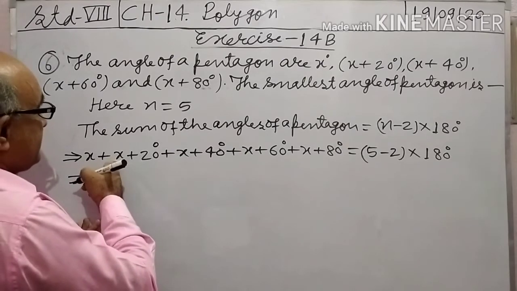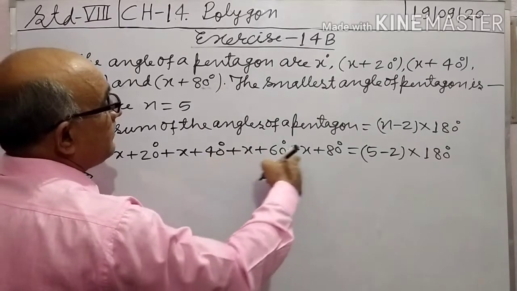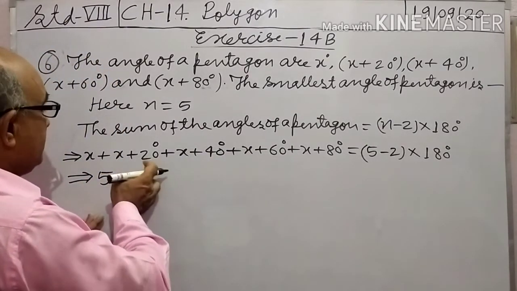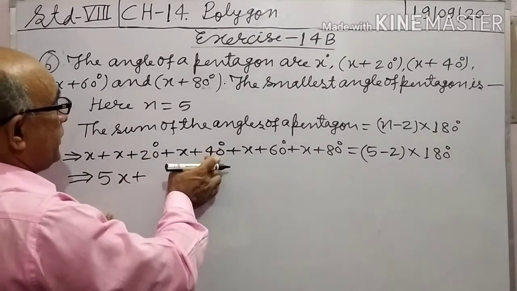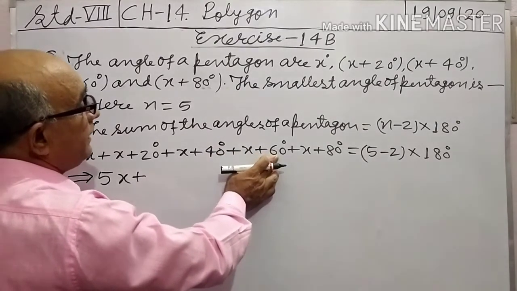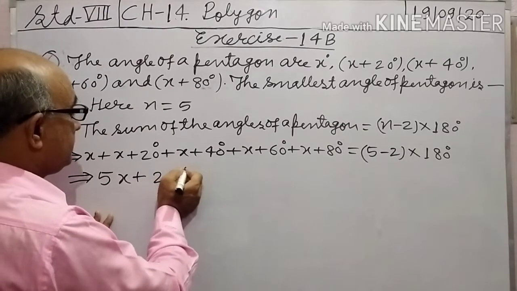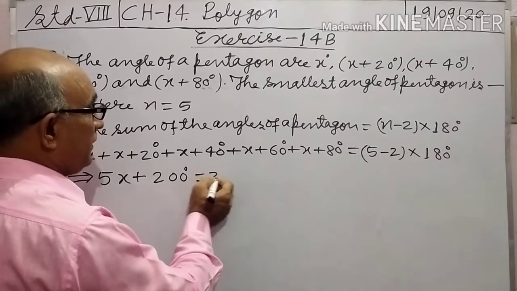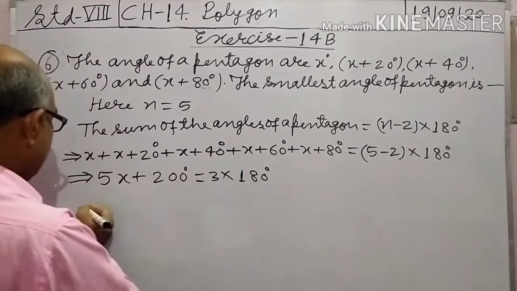That implies x plus x is 2x, plus x is 3x, plus x is 4x, plus x is 5x, plus 20 degree plus 40 degree is 60 degree, plus 60 degree is 120 degree, plus 80 degree equals 200 degree, equals 5 minus 2, which is 3, into 180 degree.